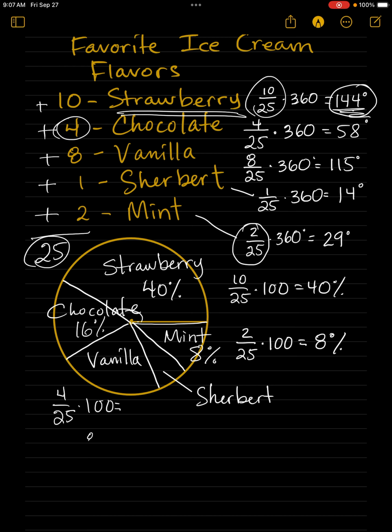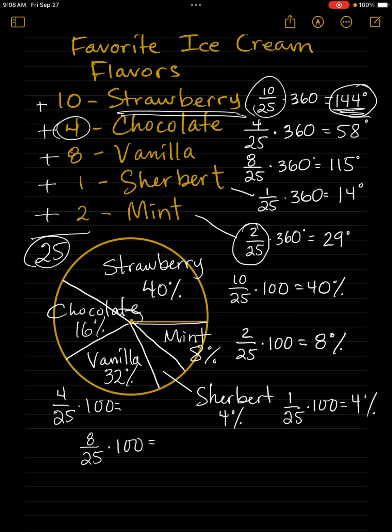Vanilla, I'm doing 8 over 25 times 100, and I get 32%. And notice that I'll just keep doing the same thing. For the sherbet, we had 1 out of 25 times 100, and that's how we got the 4%. So that's how you get the percentages.